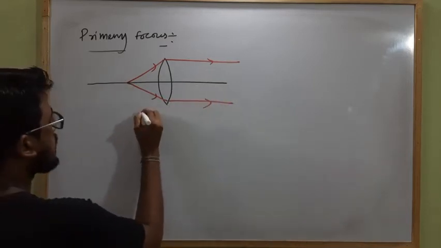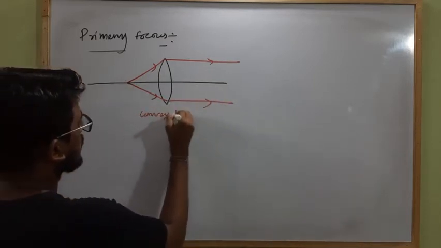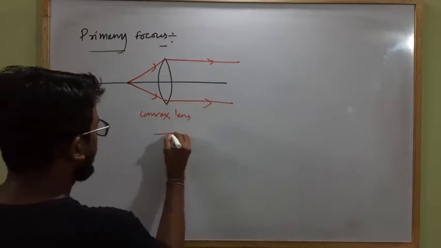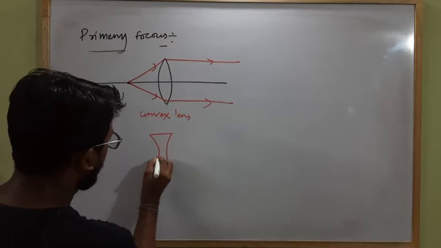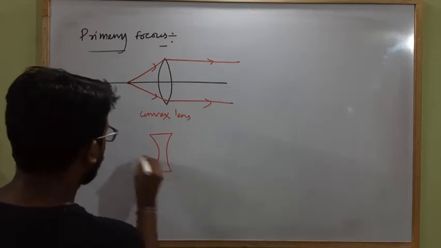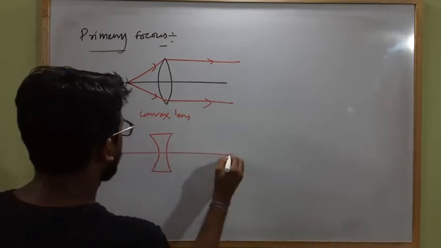In case of convex lens, and in case of concave lens, the incident rays appear to converge and after refraction they go parallel to the principal axis.